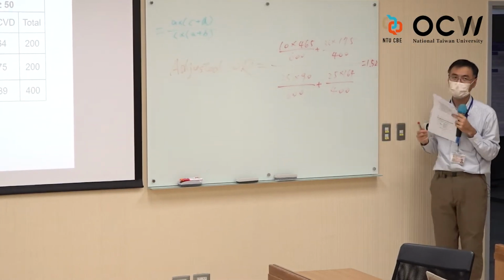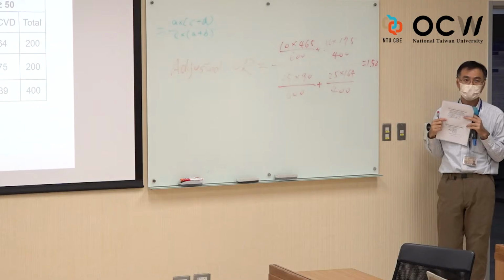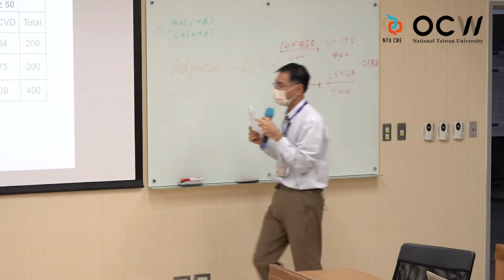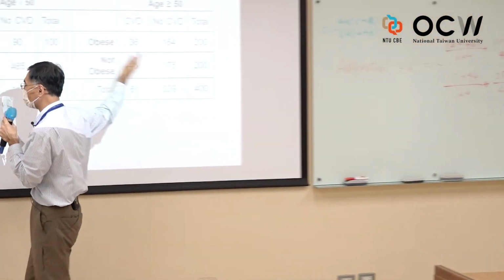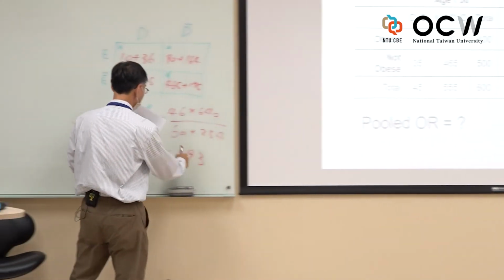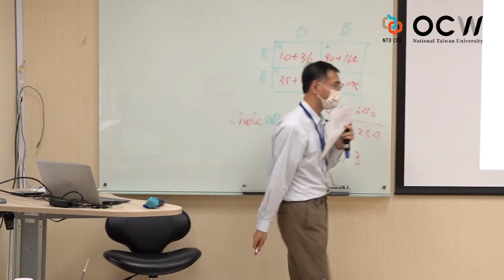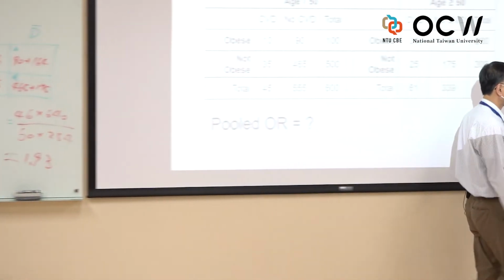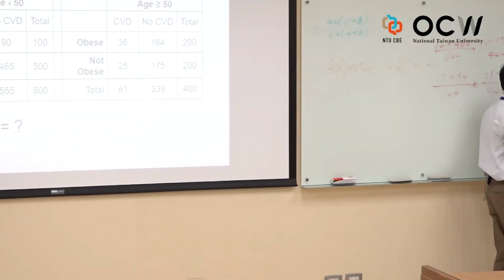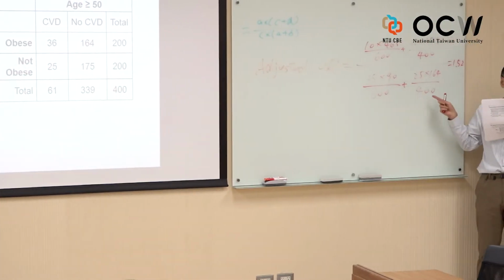You got 1.52. Okay, so if we don't do anything, even ignore anything about age, it's 1.93. After the adjustment, 1.52. Which one do we prefer? Of course, this one, right?